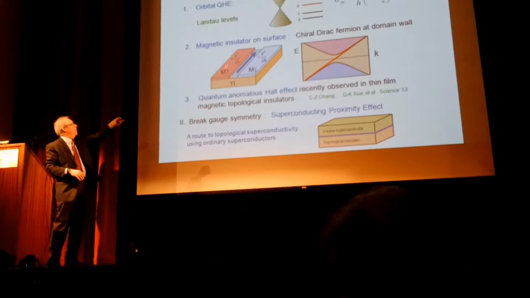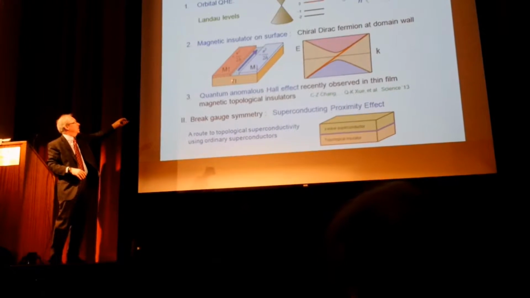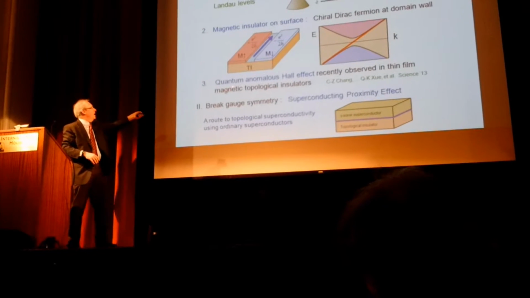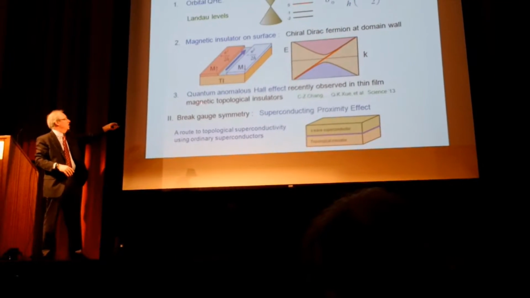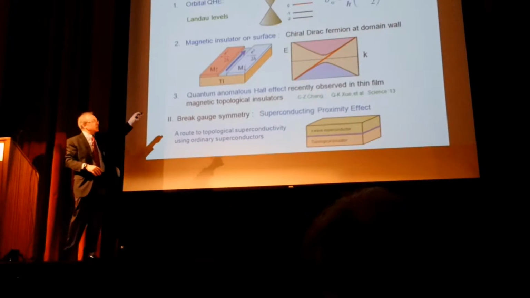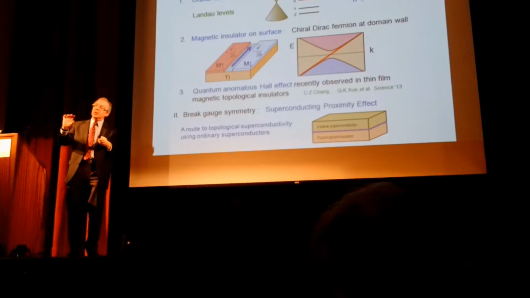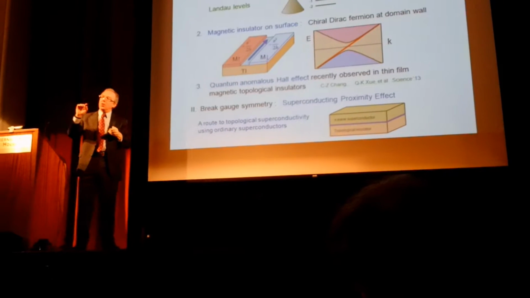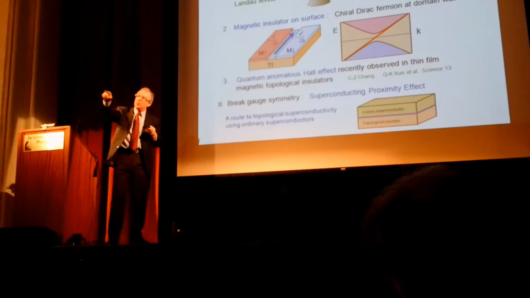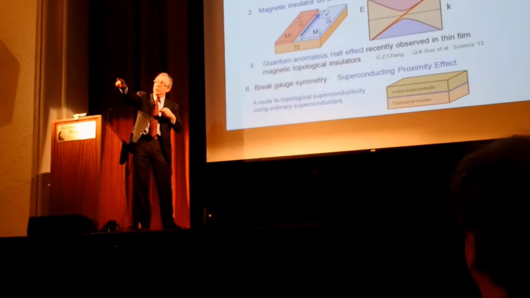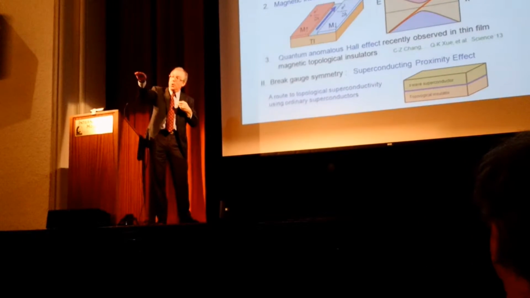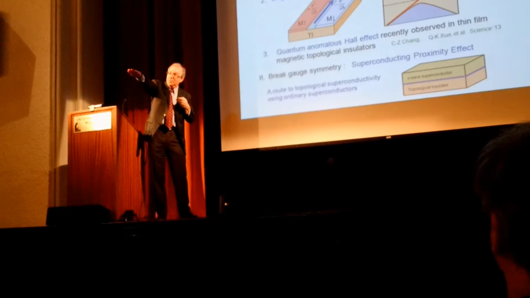Okay, and so one way of doing it is to put magnetic materials on the surface of a topological insulator. Another way you can do it is to incorporate magnetism into a topological insulator. And so this is a way, in principle, in which one can orchestrate these perfect chiral motions. Which, remember, these were things which gave you, in the quantum Hall effect, this 1 part in a billion quantization, this perfect conduction.